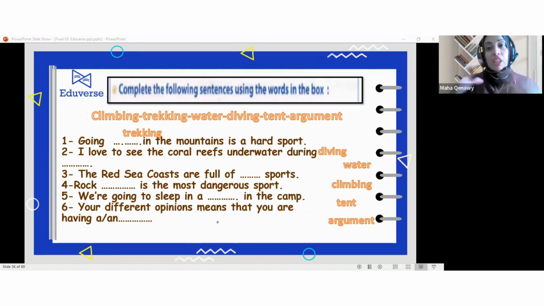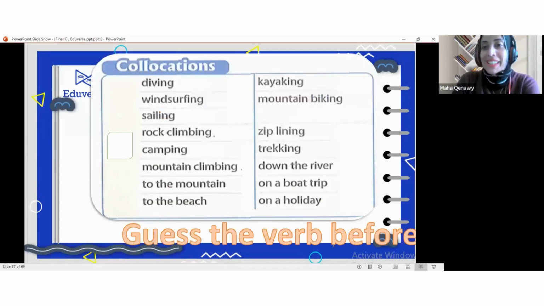If you have an argument, sometimes your voice rises and you disagree with someone. Remember, do not argue with your parents because it's impolite. I know all of you are polite and you don't have arguments with either parents or teachers.